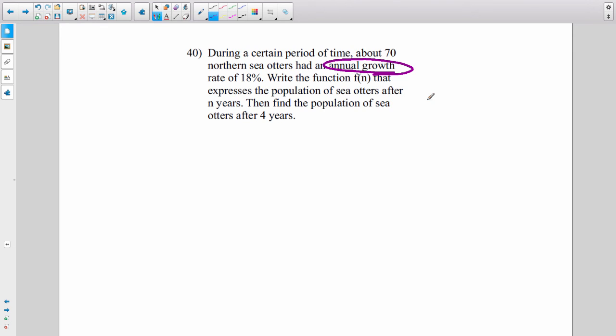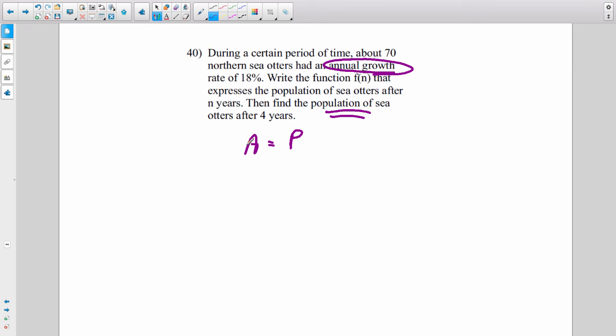Even though you might be tempted, as I am right now, to use E, because we're talking about nature, unless it says continuously, resist the urge and just go with what you know. They're telling us it's annual growth. We never hear the word continuously. Therefore, we're going to go with that nice formula that looks like this.